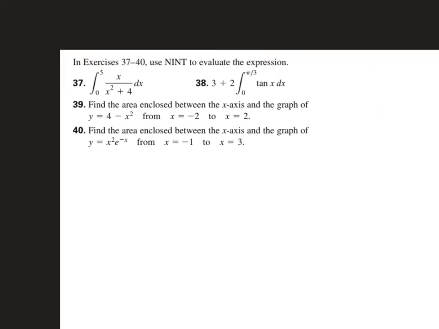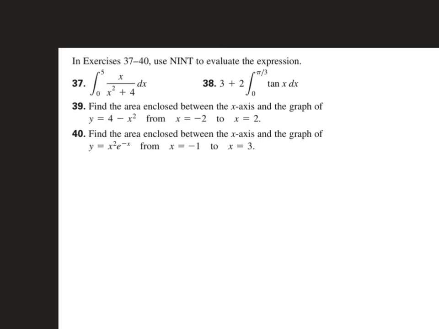Alright, so I gave these. I'm not going to do this in a video. I could, but this says use nint to evaluate the expression. So the first two, 37 and 38, you'll just plug into the calculator exactly like it's written.